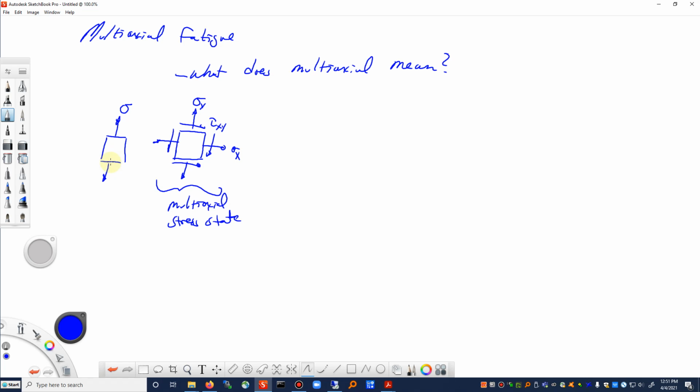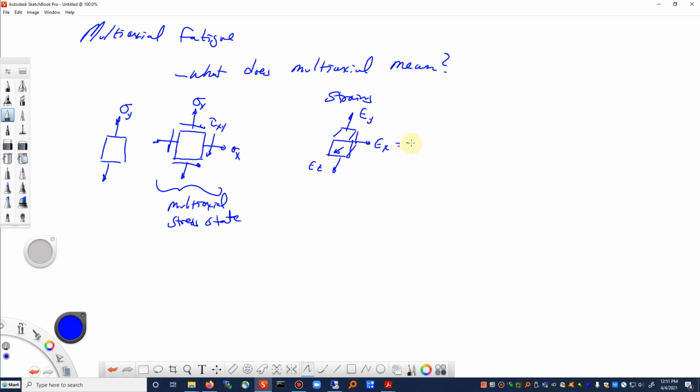Even if we have a uniaxial stress state, we end up with a multiaxial strain state. What I mean by that is, if we were to look at a cube of material subjected to just this stress in the vertical direction, we would get a strain in this direction. Maybe we can call that epsilon y. But we would also get strains in these other directions: an epsilon x and an epsilon z.